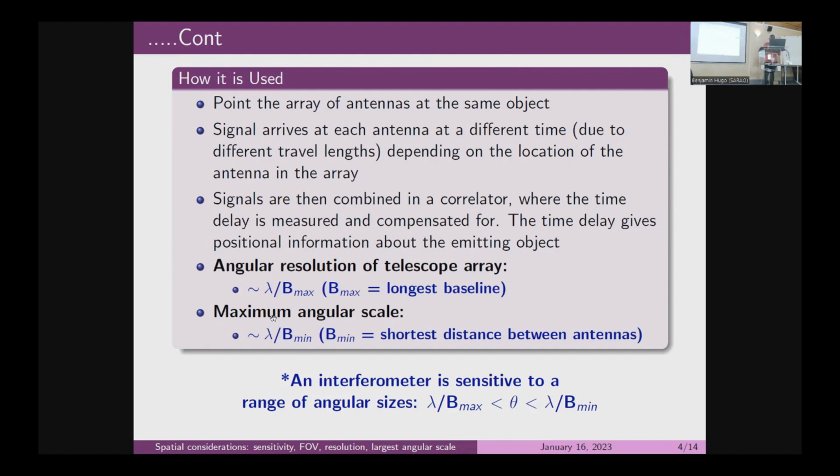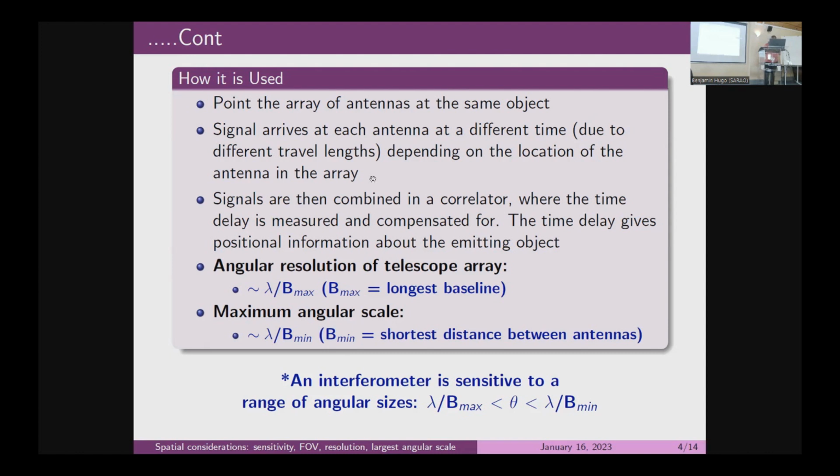Now, you can also look at the maximum angular scale, which is lambda divided by the minimum baseline. Now, this range then gives you the angular scale, right? The range gives the angular scale that your interferometer is sensitive to, right? But if you want the best angular resolution, you go to the smaller values.